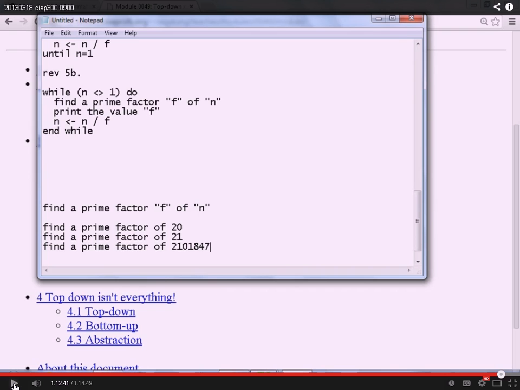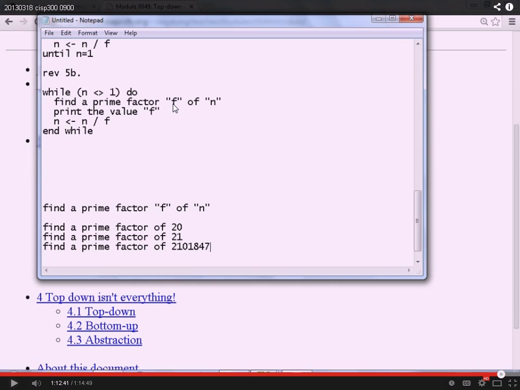We finished the overall algorithm already. The one part that we have not finished is that we have to find a prime factor f of n as the first step inside the loop, but I did not tell you guys how to do it. That really is the essence of top-down design.